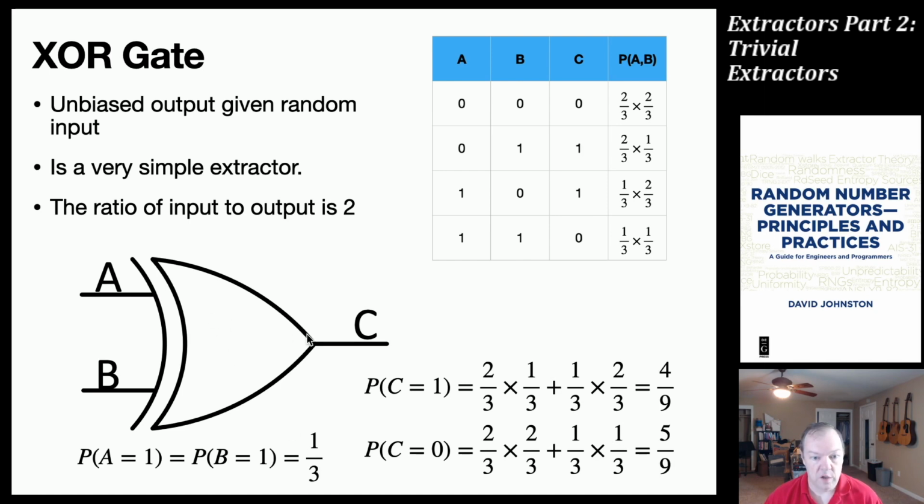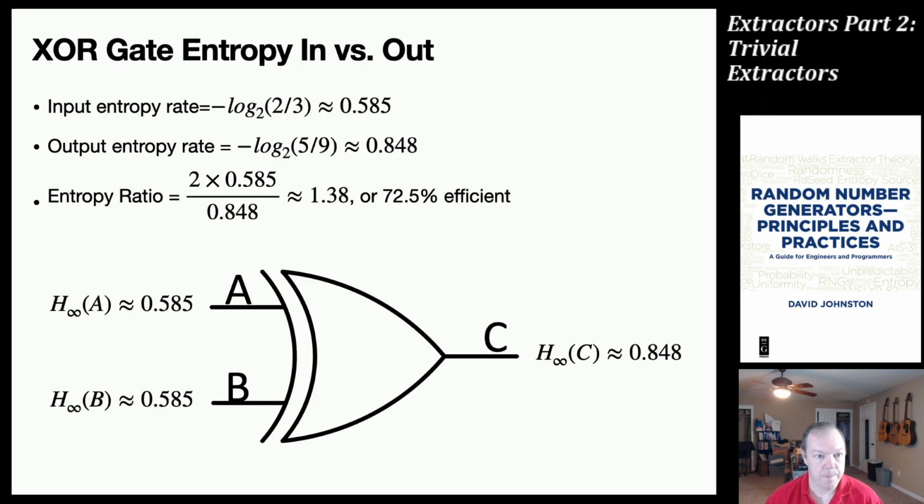So while the total entropy out is less than the entropy in, because we've got 2 lots of it coming in for each output, the entropy rate, the entropy per bit, is higher. So we'll look at that in a little more detail. We've got the input entropy rate of negative log 2 of 2/3 because we have 2 possible inputs, a 0 or a 1 on each pin, and they have probabilities of 2/3 and 1/3.